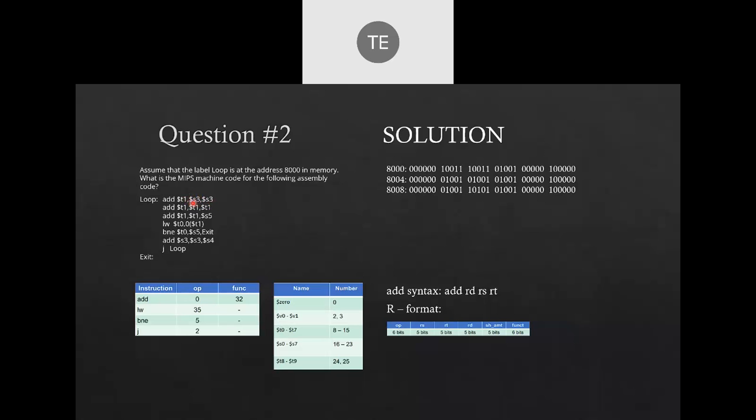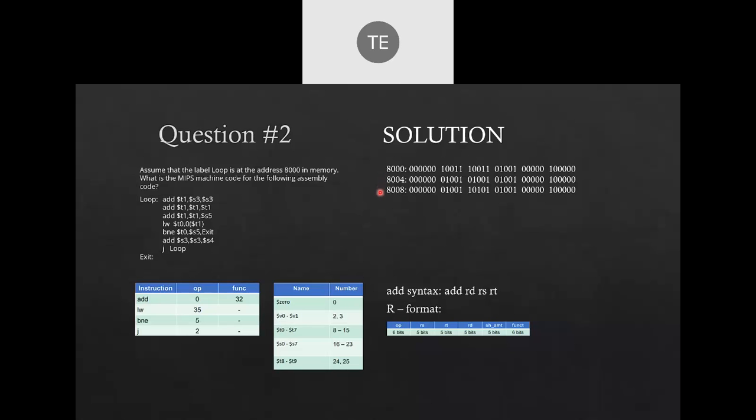And we need to point out in the table what the number of S3 is. So you can take a look at the table, right? And then we need to change that into binary and fit that binary number into 5 bits. And then we keep going like this until the end of the format.